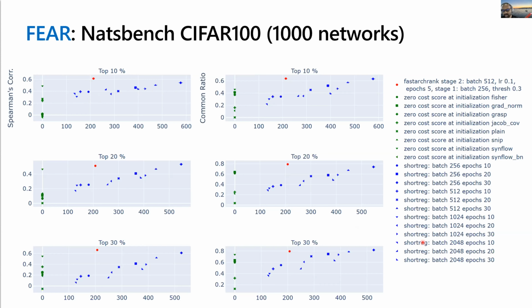Short reg is just shortened regular evaluation: if I were to do n epochs of training, which is the natural organic baseline where n is small, how does that Pareto frontier look if I vary both batch size and epochs? This is the kind of thing it etches out. What you would want is for FEAR to be above this Pareto frontier in both Spearman's correlation and common overlap, and you see that, by quite a bit, on CIFAR-100.